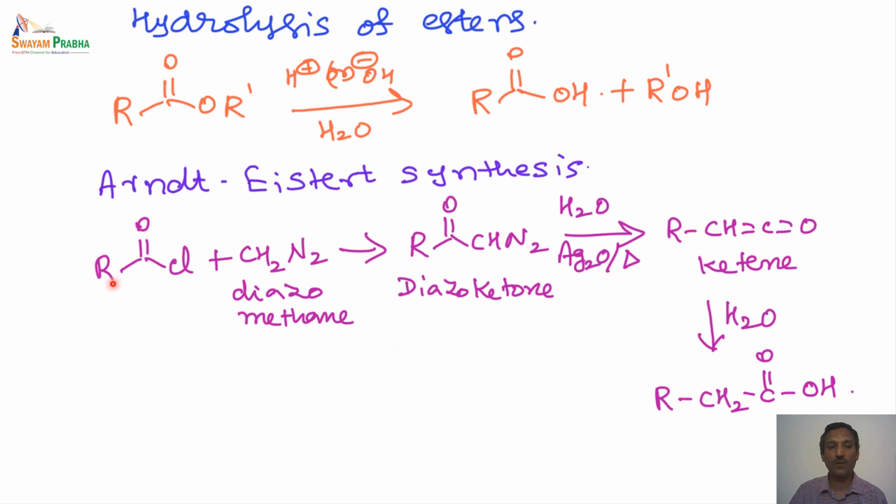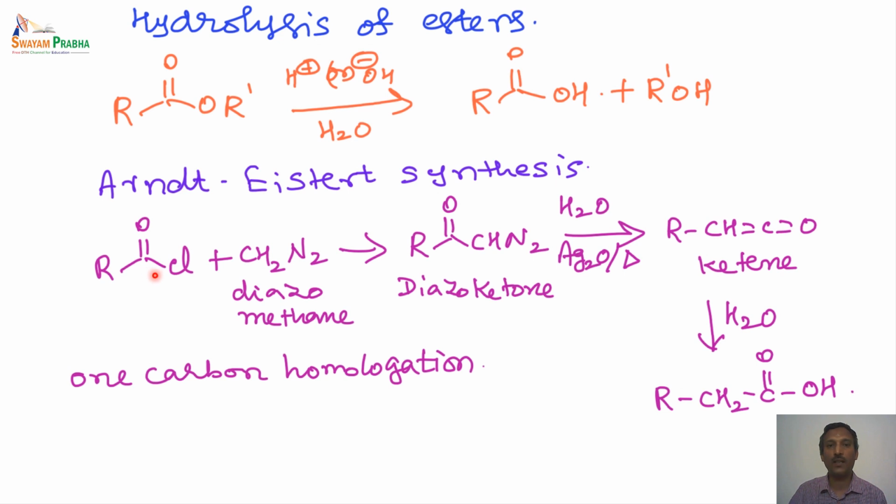So if you look at here, we have RCOCl, and we get RCH2COOH. That means in this particular reaction, we have one carbon homologation. So in this particular case also, we can increase the carbon chain length of the starting material by one.